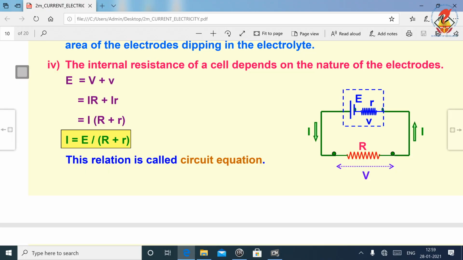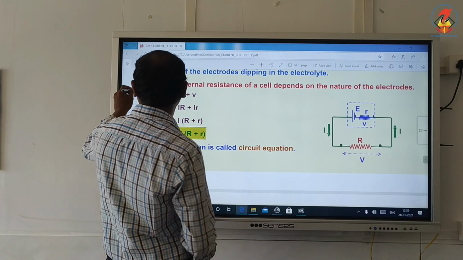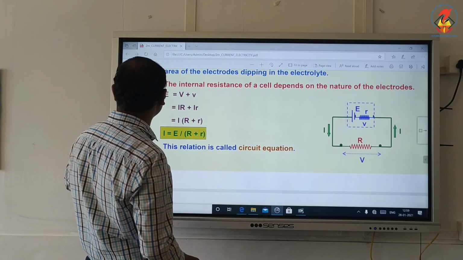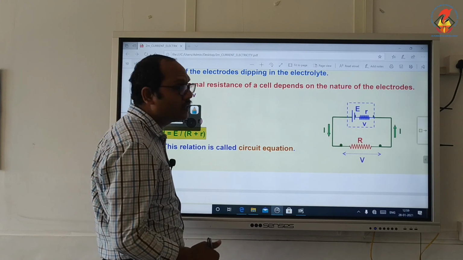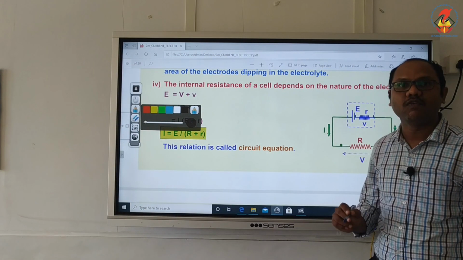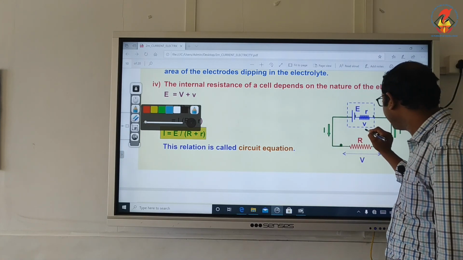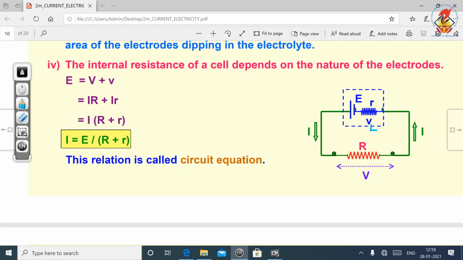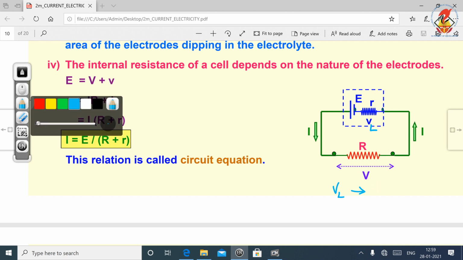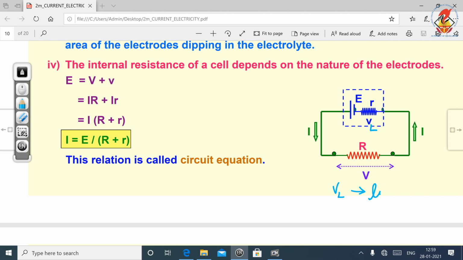So, due to the external resistance, there is a voltage drop here, that is V. Now, due to the internal resistance, there is a voltage drop here inside, that I am marking as V subscript L, where VL is called lost volt.